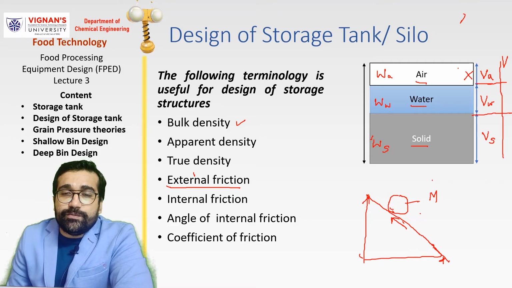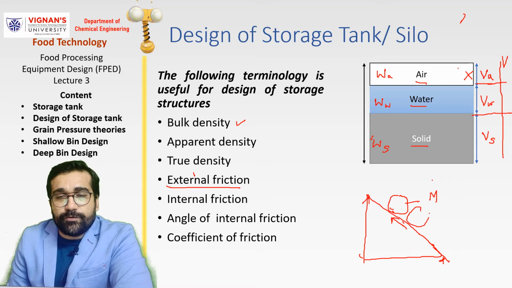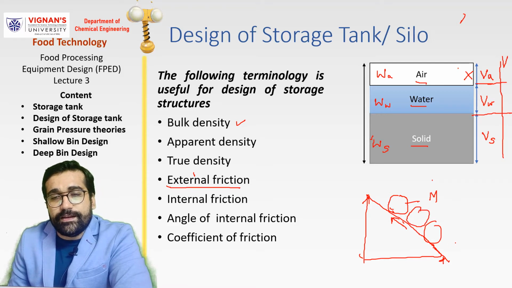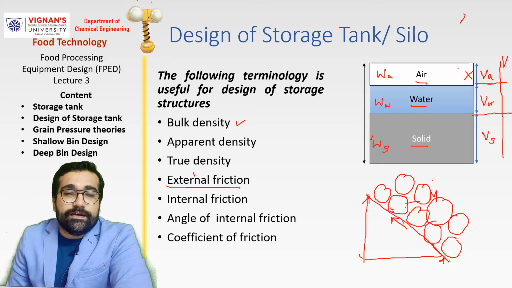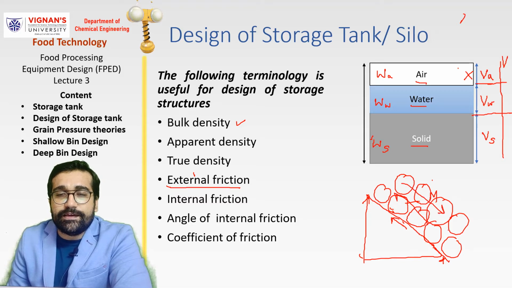Then what do we mean by internal friction? Suppose we have a layer of material M and above that another layer of material M. In this case the friction offered by the first layer upon the second layer is the internal friction of the material.